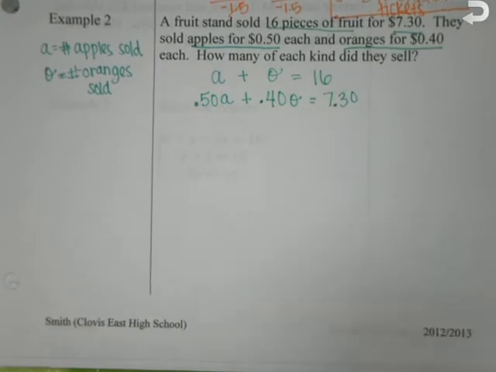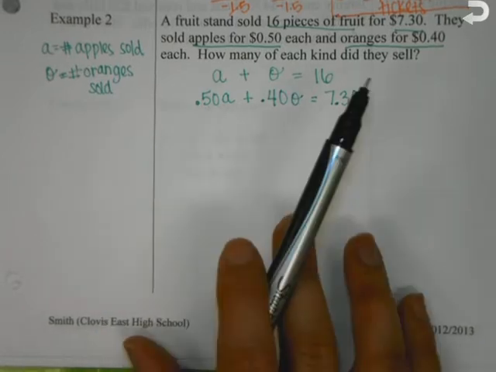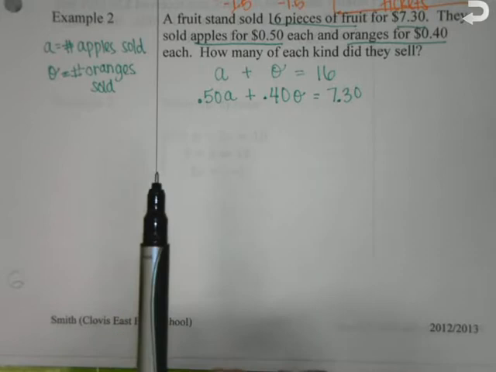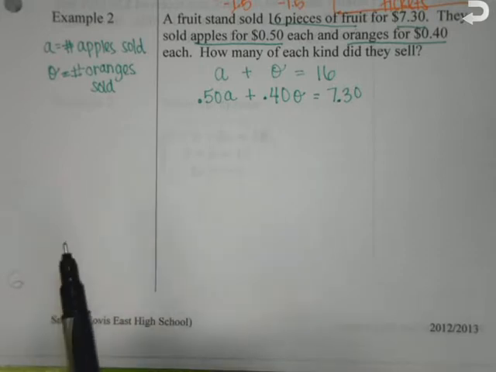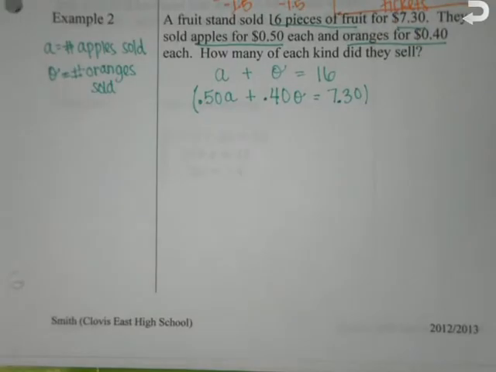Okay, there's a lot of decimals in here, and I really don't want to deal with that. So what do I need to multiply by to get rid of the decimals? Anybody? 10. Yeah, let's multiply by 10. That's going to move the decimal over one space.